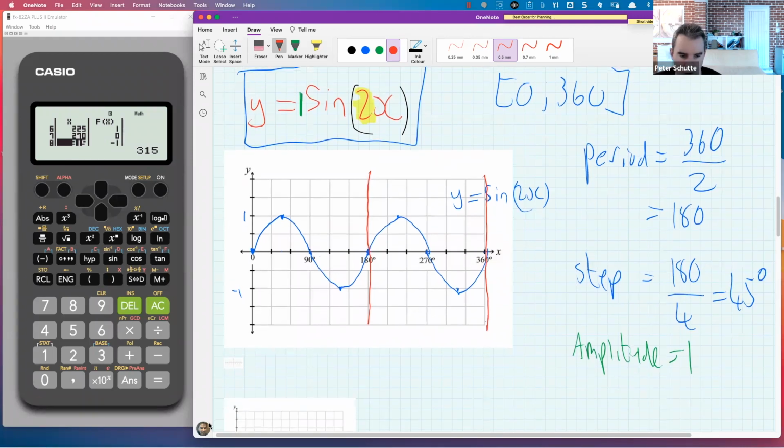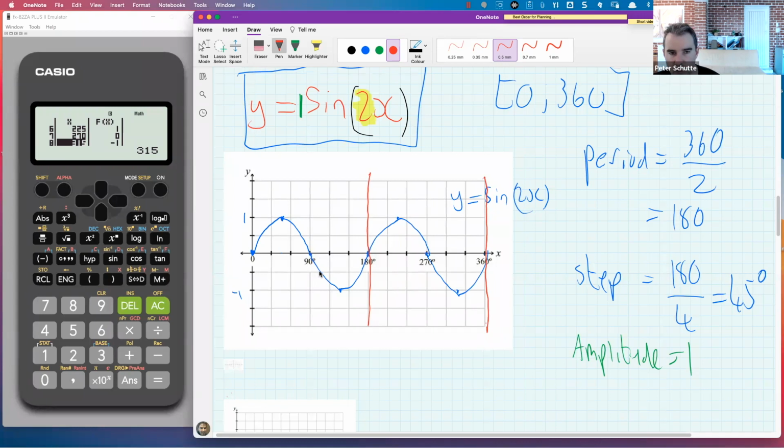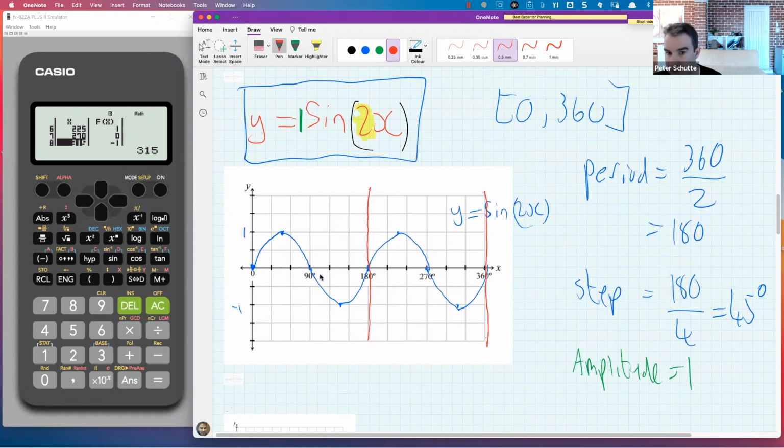So that is one type of change. It's called the period change. And all we need to remember for future reference is we divide the normal period by whatever the number is in front. And then the way we find our step size was just divide by 4 like last time.